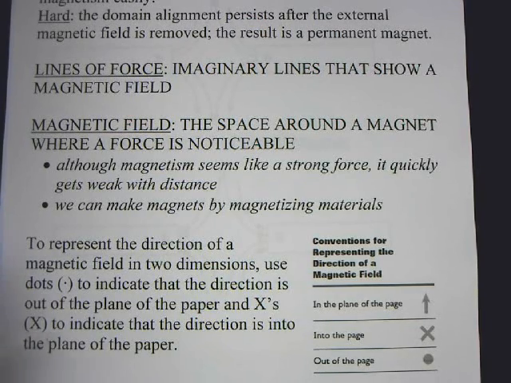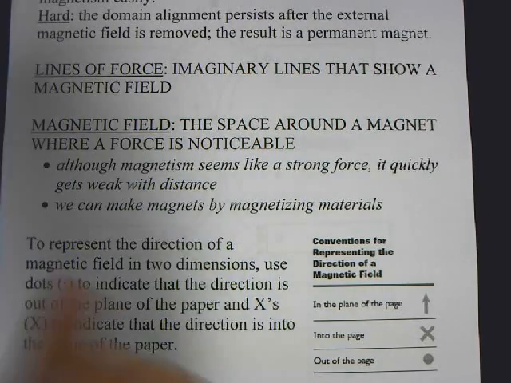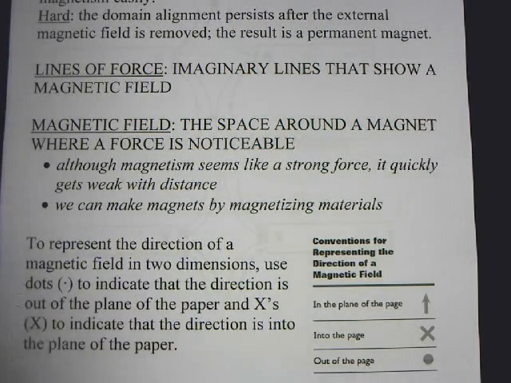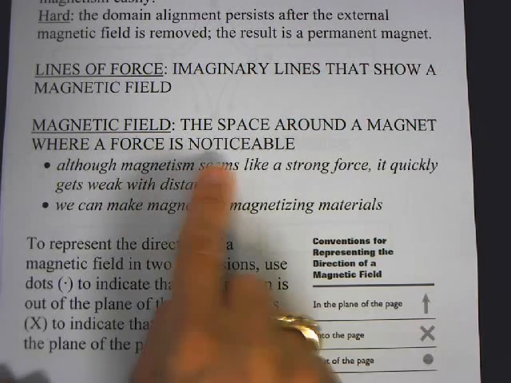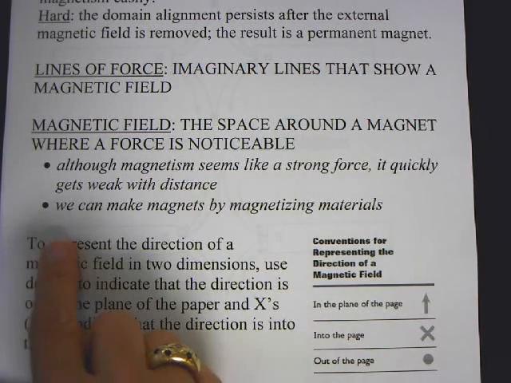To help us see them, what someone often does is take a magnet, put a piece of clear acetate over it, and sprinkle iron filings, and the way the filings line up gives you an idea to picture the magnetic field. So the magnetic field exists, but it's not something that's visible with the human eye. It's the space around the magnet where a force is noticeable.